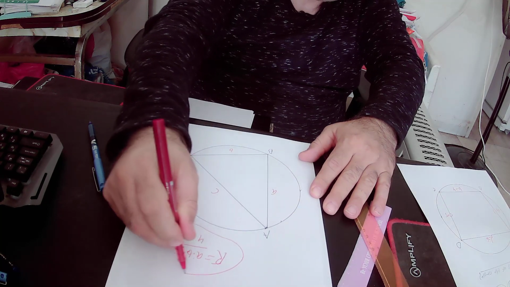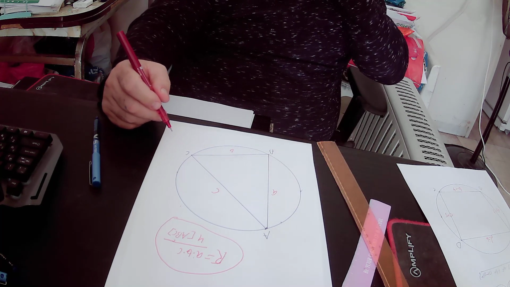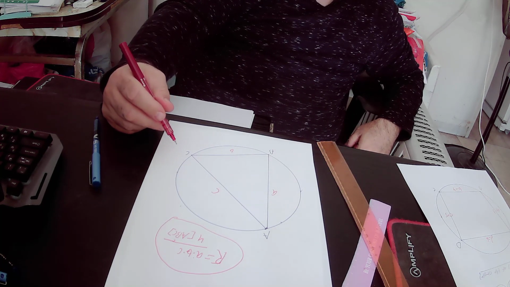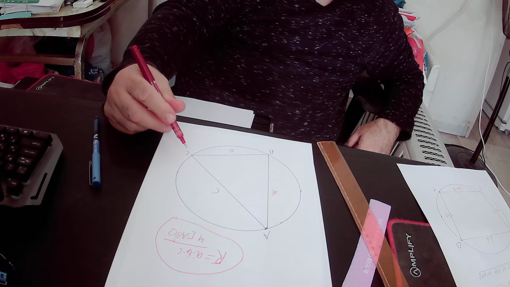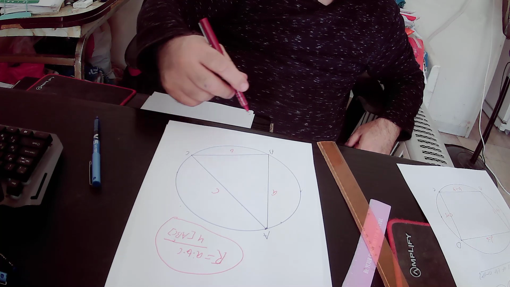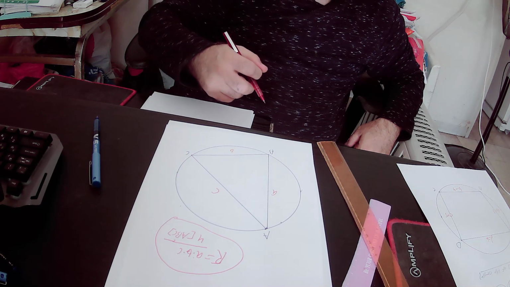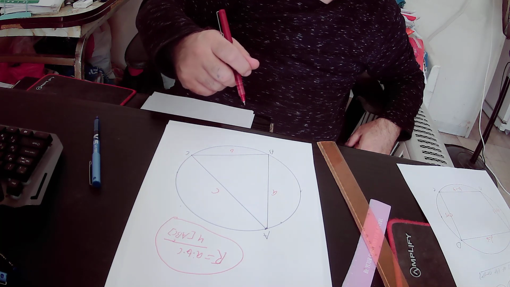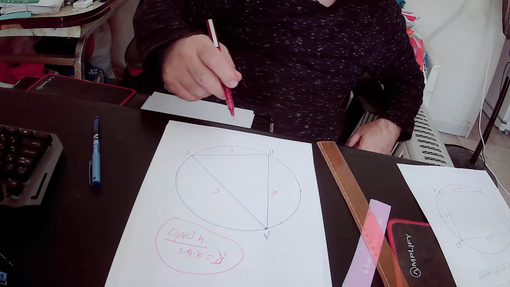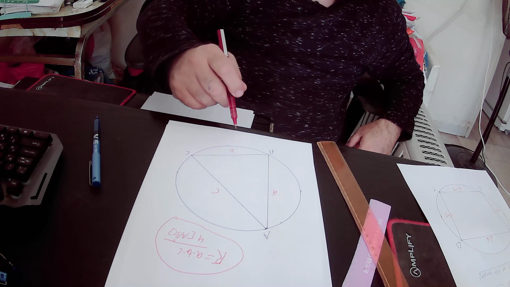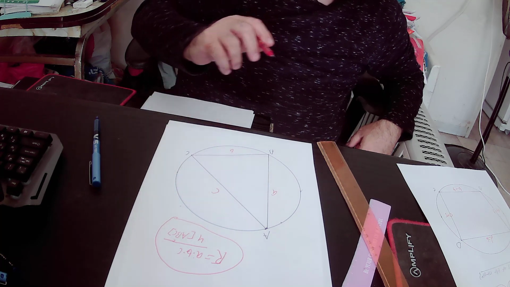Again, if you have a triangle that is inscribed in a circle, then the radius of the circle that blocks the triangle will be equal to the product of that triangle's sides, that is to say A times B times C over 4 times the area of this triangle ABC.